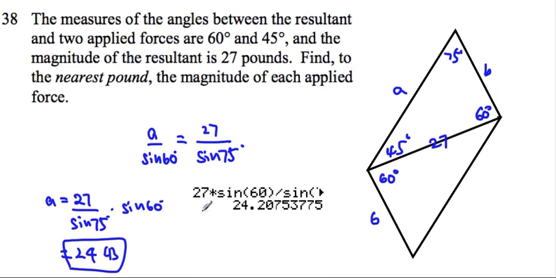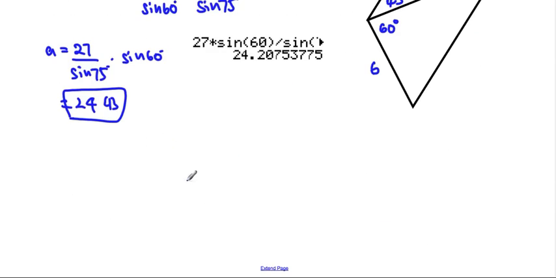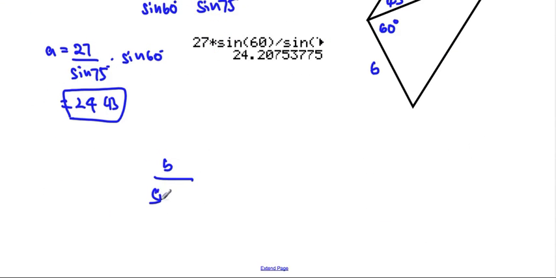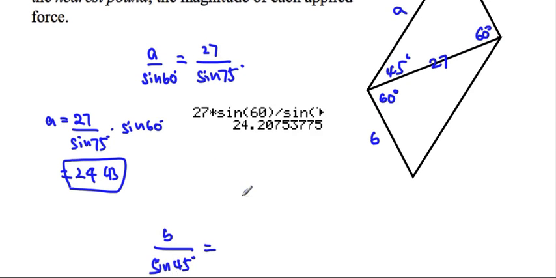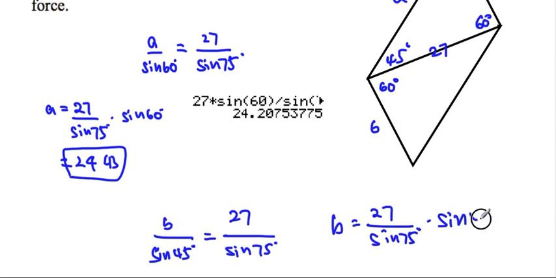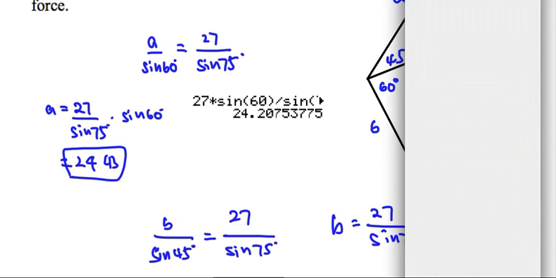How about B? Same idea. B over sine of 45 must be equal to 27 over sine of 75. Then B must be equal to 27 over sine of 75 degrees multiplied by sine of 45. Let's put that into our calculator.